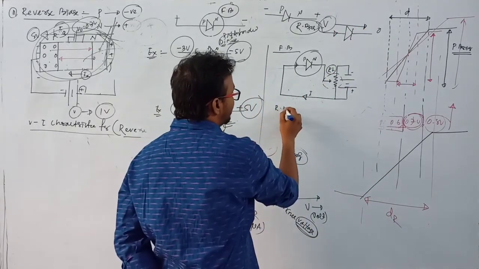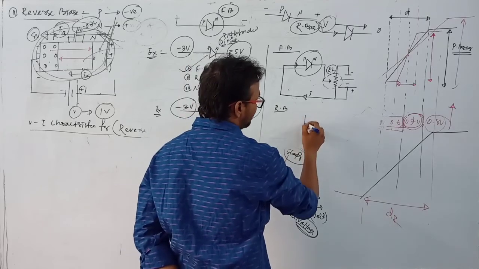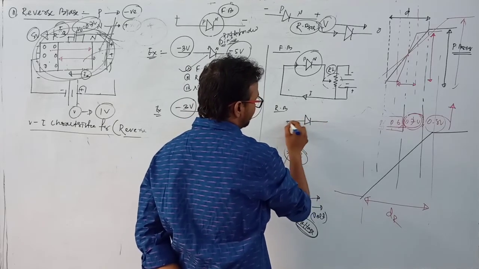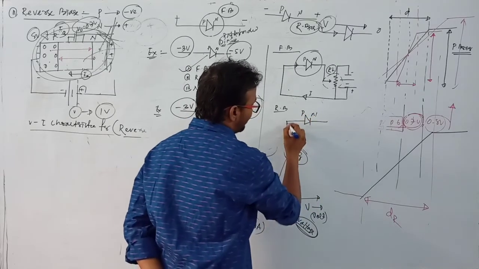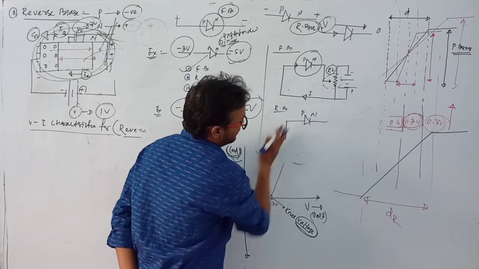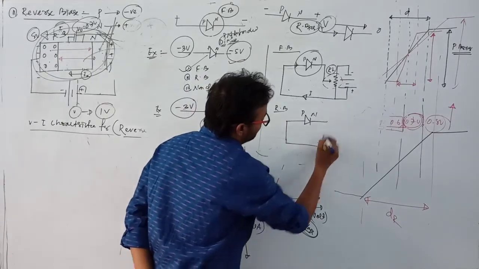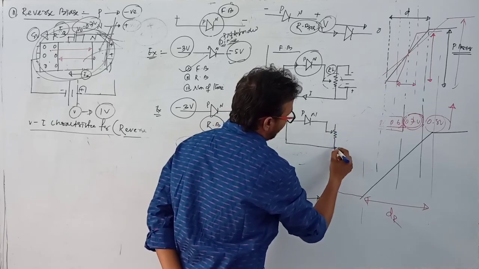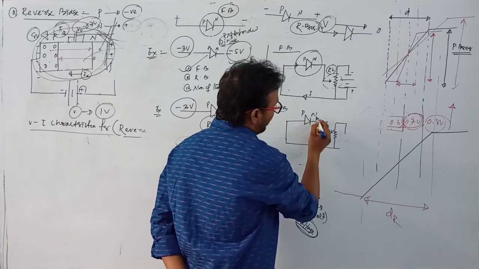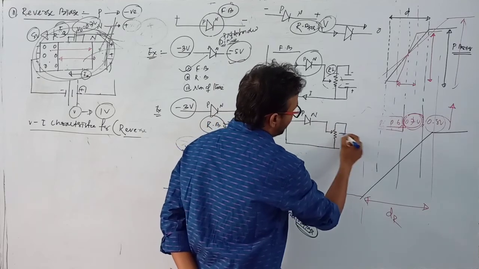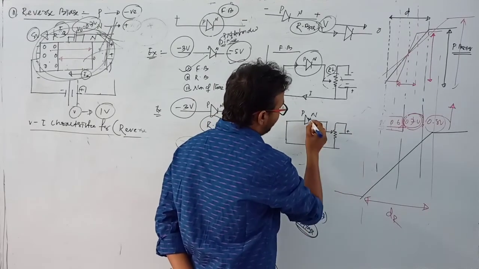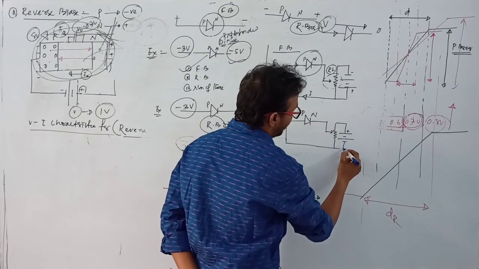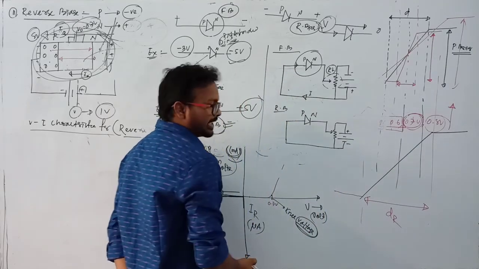For the reverse bias case, here P type and N type, I am drawing this circuit diagram. There is one rheostat, and the N type semiconductor is connected with the positive terminal and the P type semiconductor is connected with the negative terminal. Clear?